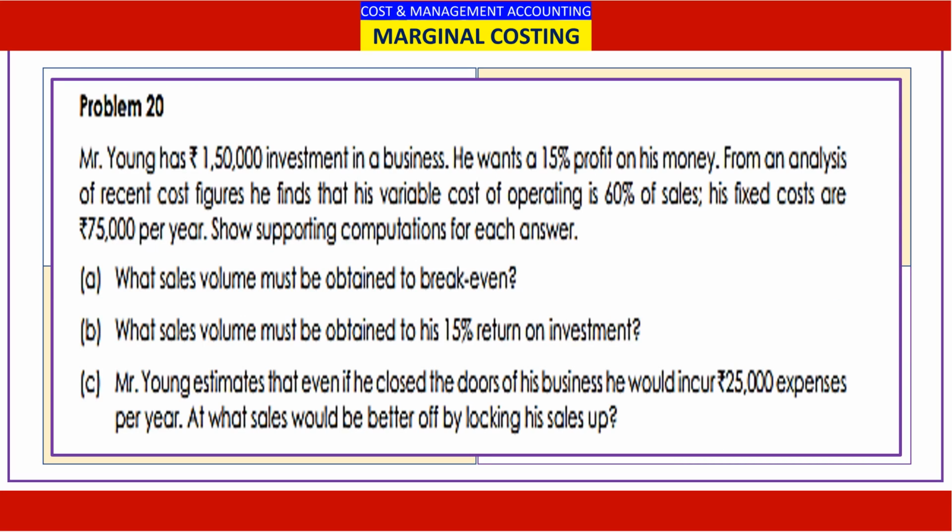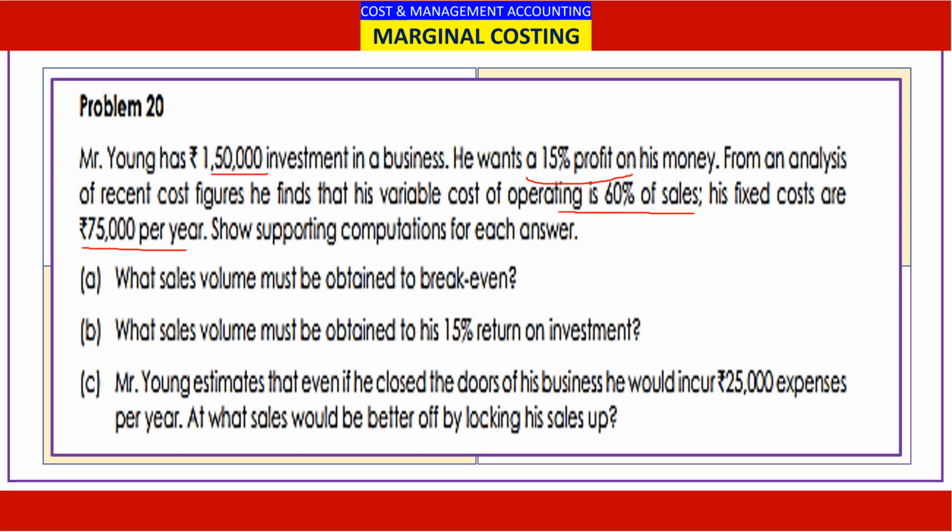In this problem, there is an investment of 1,50,000 and there is an expectation of 15% profit on investment, and there is a variable component of 60% of sales as variable cost, and fixed costs are 75,000 per year.